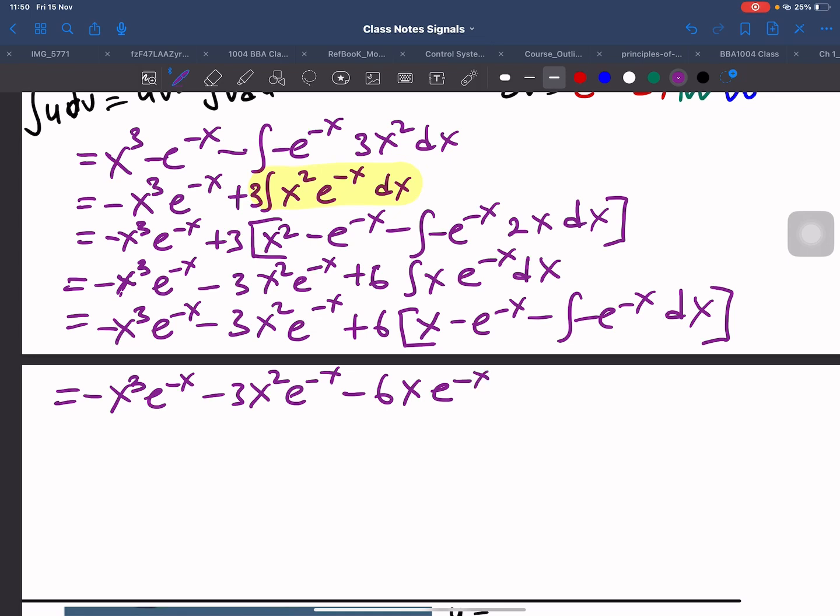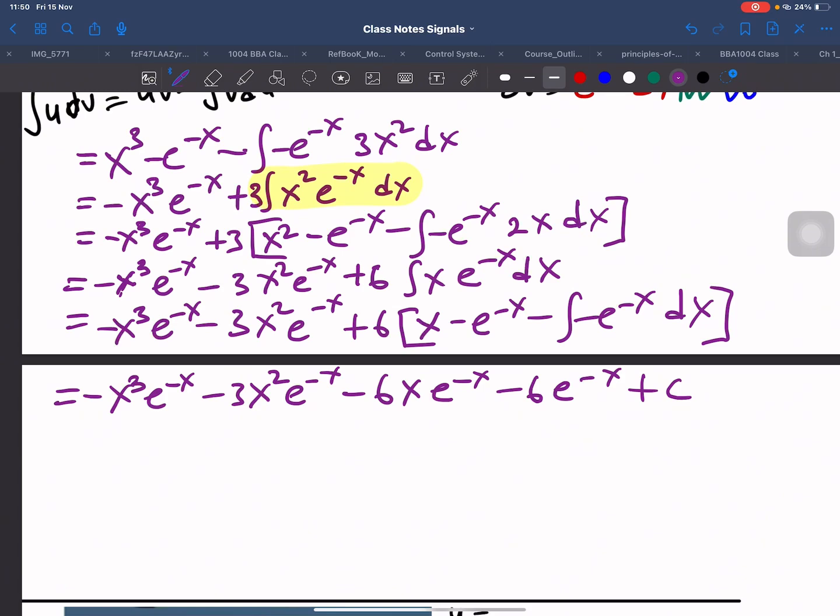Then for this one it's going to be plus 6 integral of e raised to power minus x dx, and the integral of e raised to power minus x dx is going to be minus e raised to power minus x. So I'm going to add it here immediately. So it's going to be minus 6 e raised to power minus x plus c.